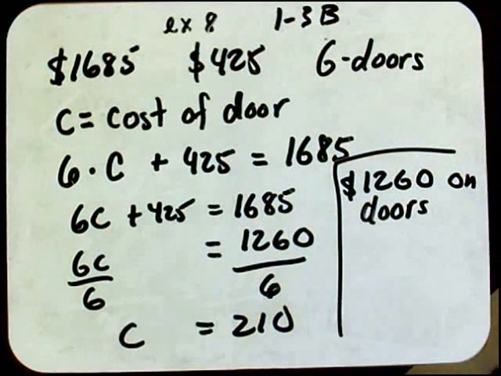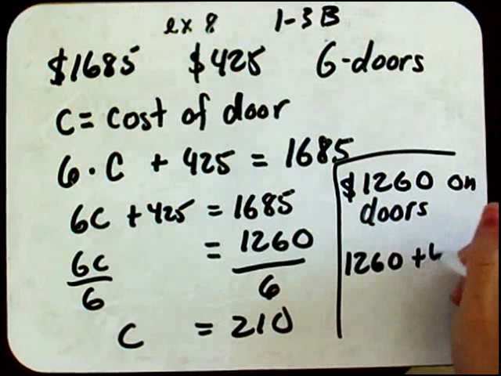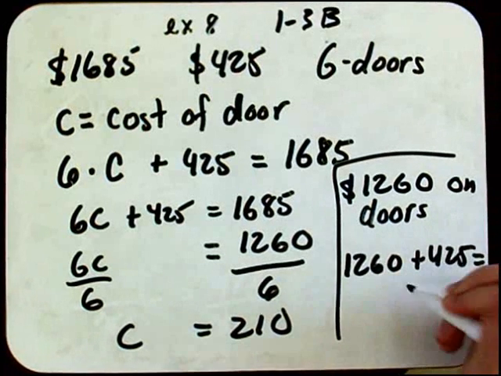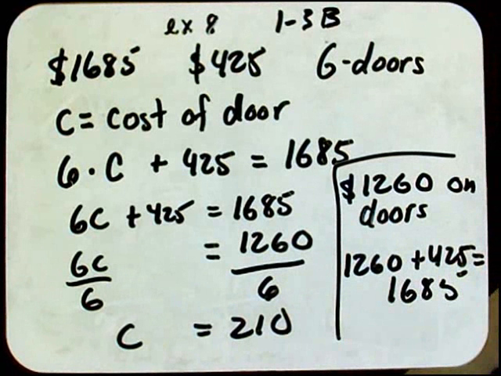All right, so when we add the other expenses, we can see that the total home improvement bill is $1,260 plus $425, which equals $1,685. So we know that our answer is correct.